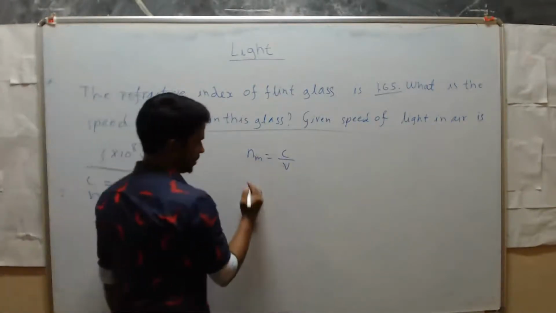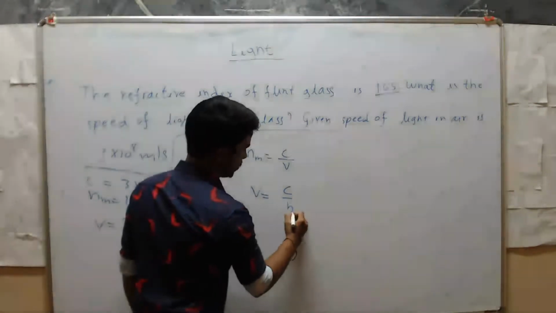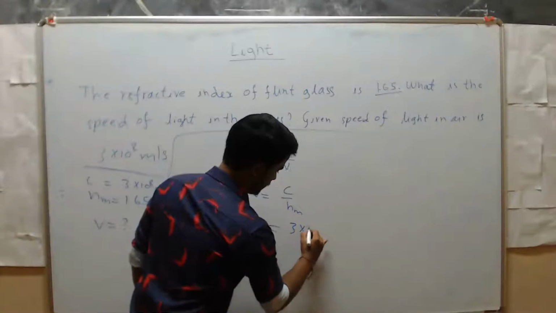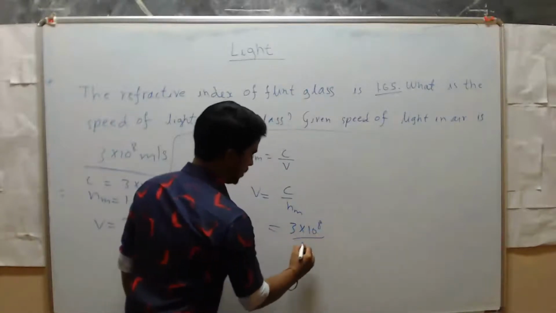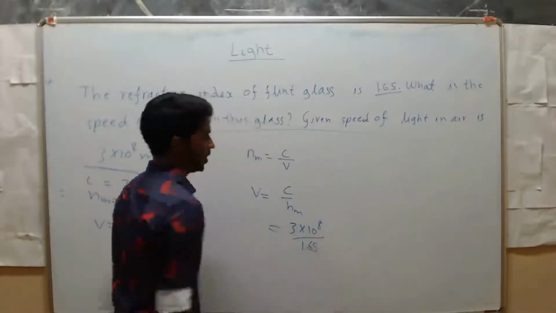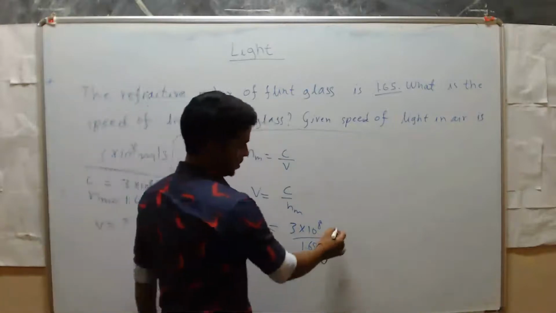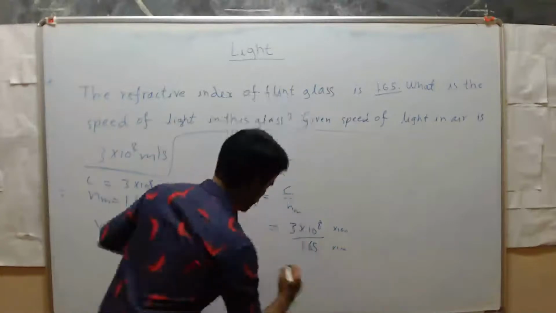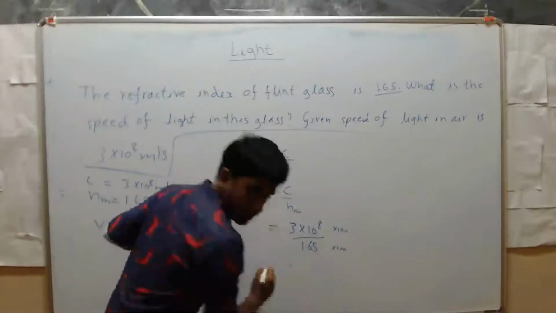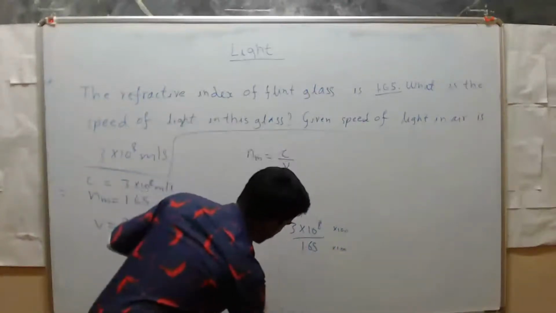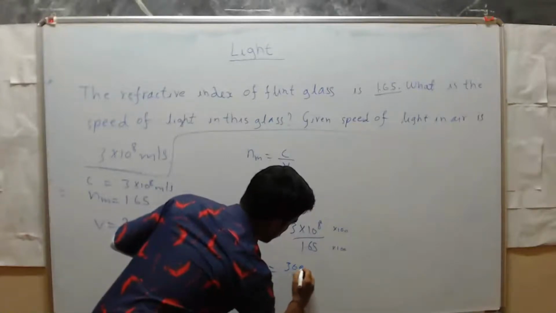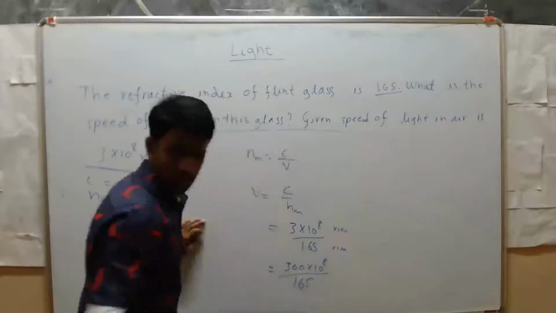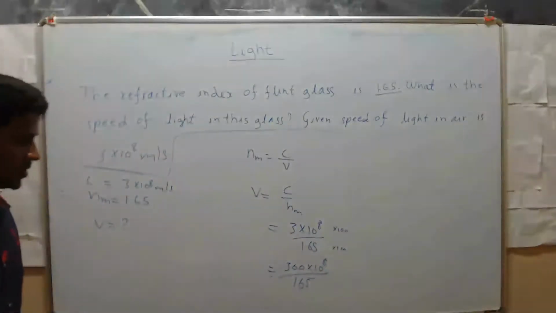So now we can write this as V equal to C by Nm, that is 3 into 10 raised to the power 8 divided by 1.65. Better to multiply and divide by 100, so you get 300 into 10 raised to the power 8 divided by 165.